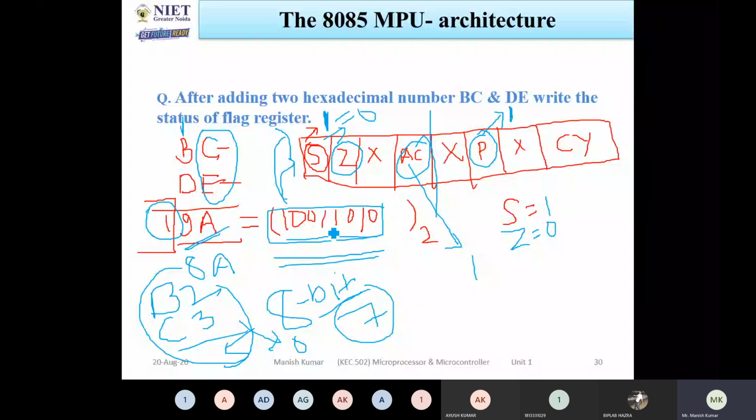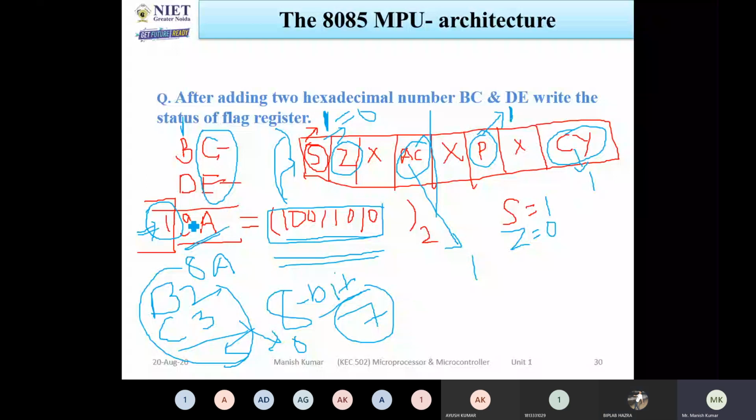Now what about carry, CY, the carry flag? After addition you are getting a carry, correct? This result is creating a carry, so the carry bit will be set, since it is producing a carry from the MSB. Sir, what will happen? Okay, first listen.